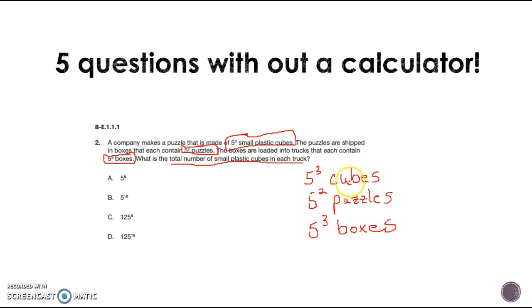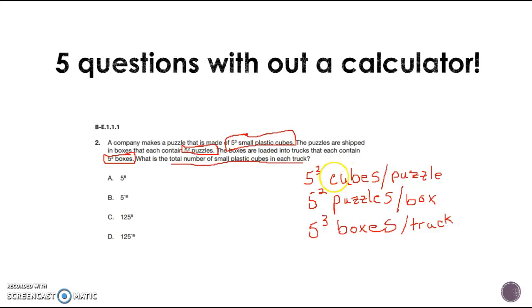So, the 5 cubed is how many cubes in a puzzle, right? Each 5 cubed in one puzzle. 5 squared puzzles in each box. And 5 cubed boxes in a truck, per one truck.